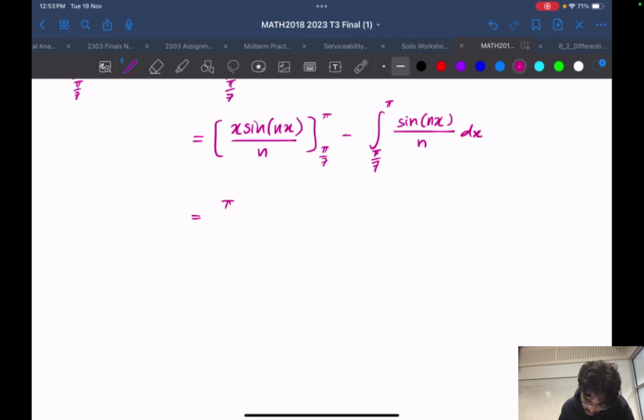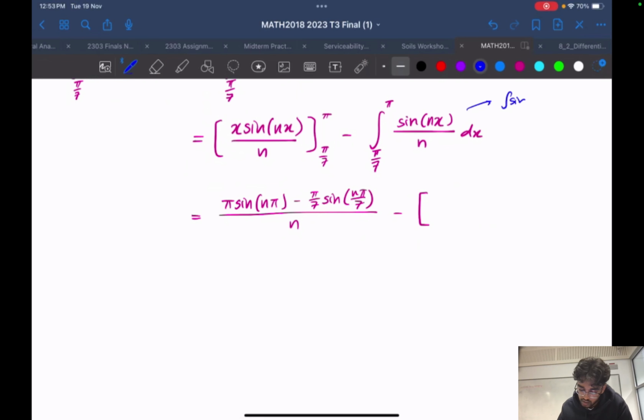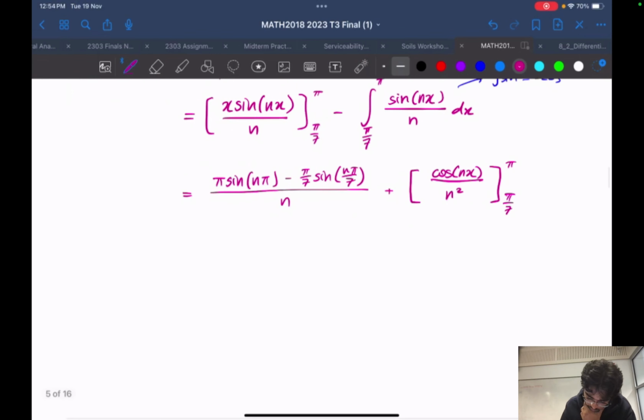This is now equal to pi sine n pi minus pi on 7 sine of n pi on 7, divided by n, minus, when you integrate sine, you get minus cos. So I'm going to make the minus into a plus, because the minus and the minus become a plus, and you get cos of nx all over n squared between pi on 7 to pi.